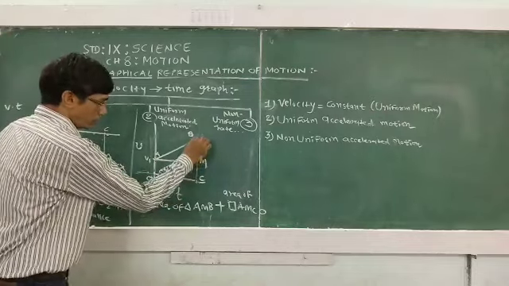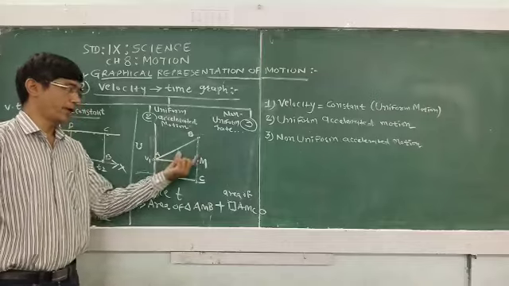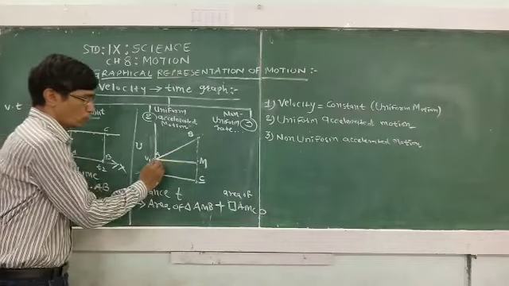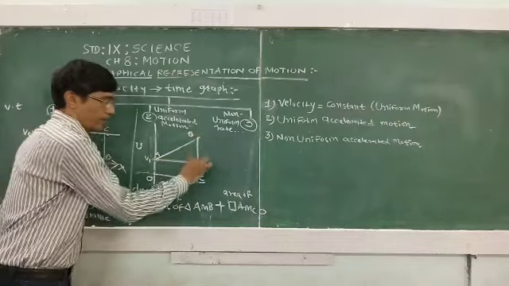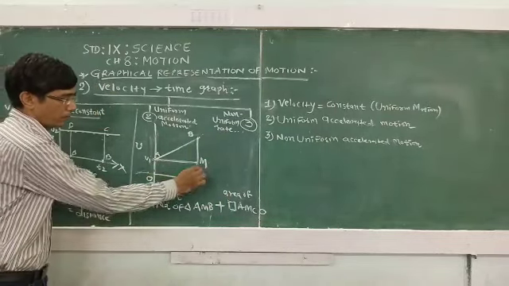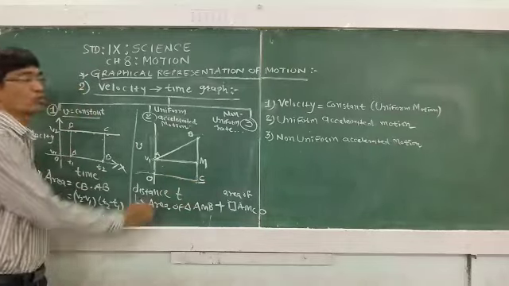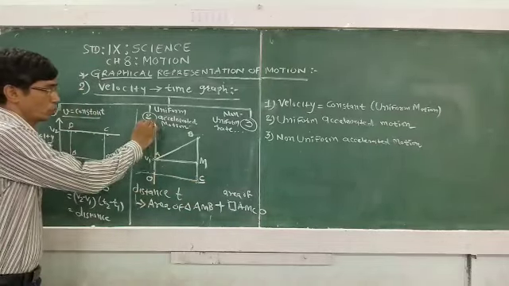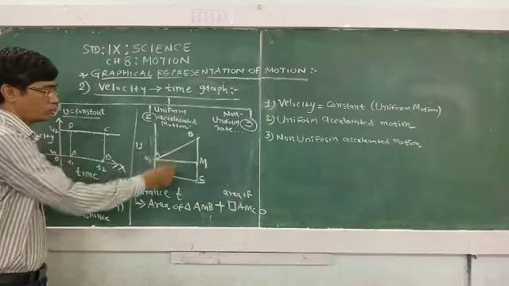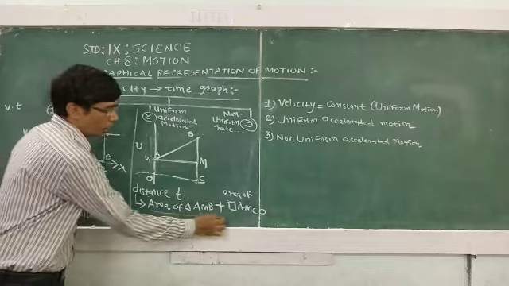Here we can take the area of the triangle is 1 upon 2 base into height, 1 upon 2 AM into BM, plus area of the rectangle is given by MC into OC, that is the length into breadth. So in the uniform accelerated motion, in this way we get the distance by taking the total area of the v versus t graph.